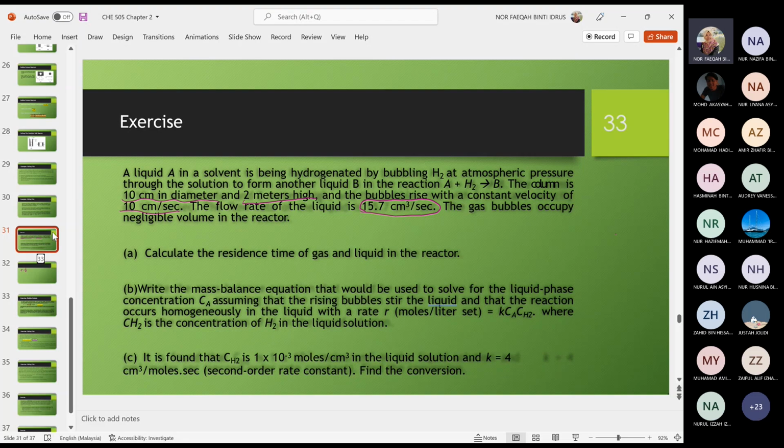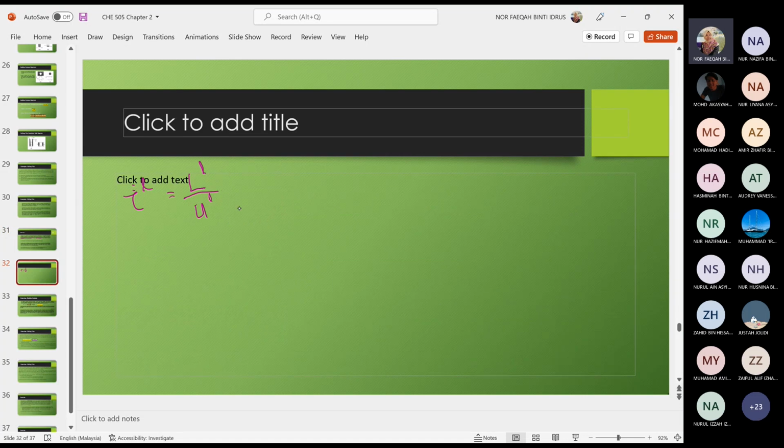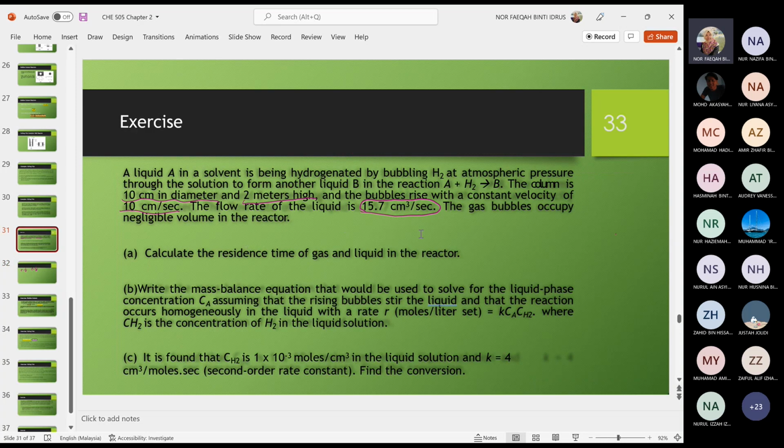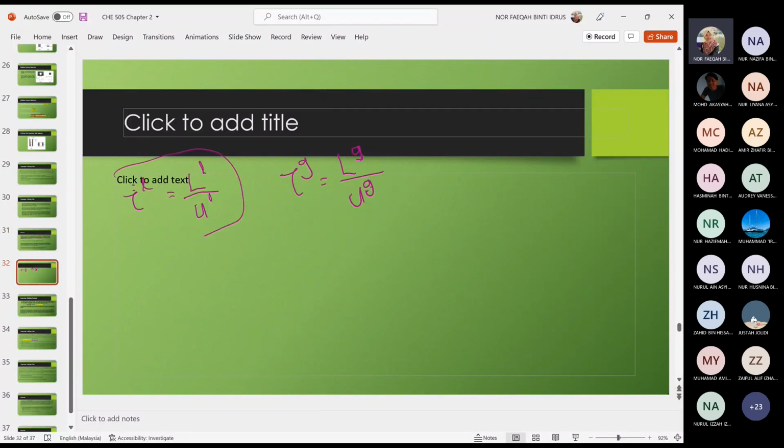For the gas phase it is the same: residence time of gas equals L divided by velocity. But since the constant velocity of the bubble rise is for gas, we cannot use it for the liquid phase, because the liquid phase velocity is not given in the question. Only the gas velocity is given.